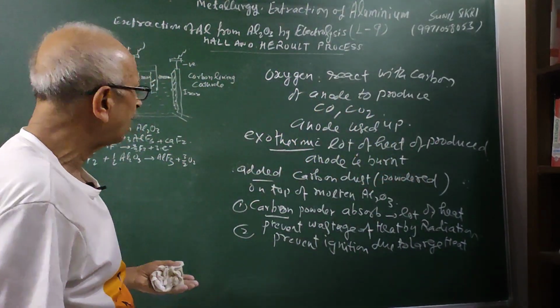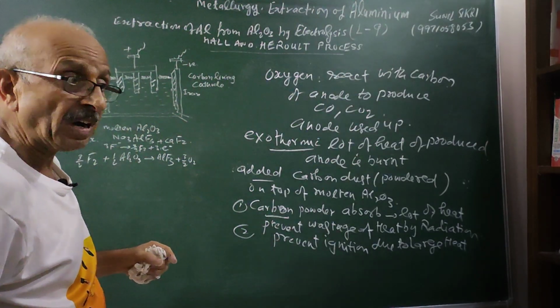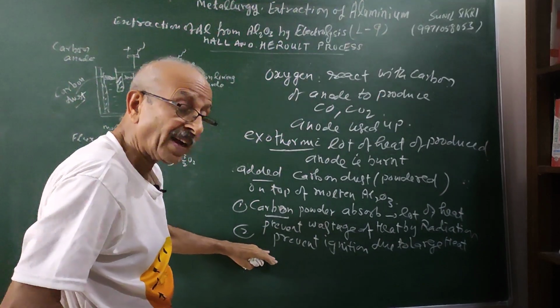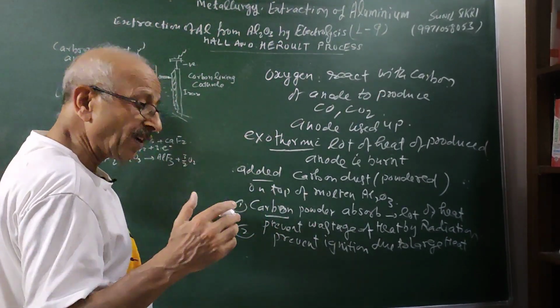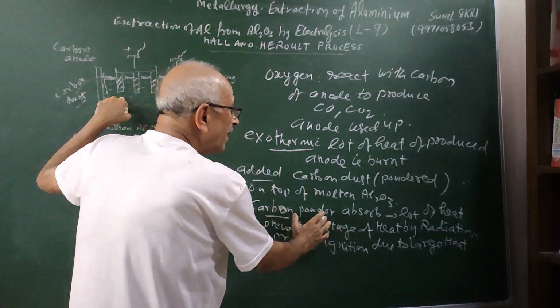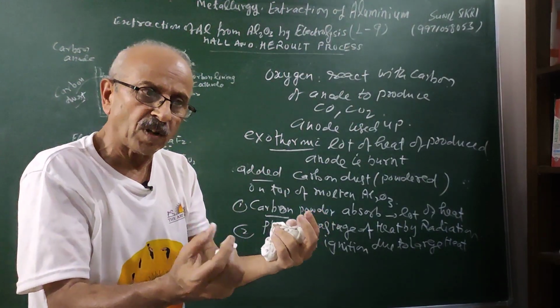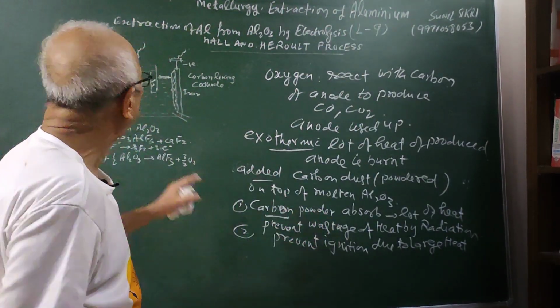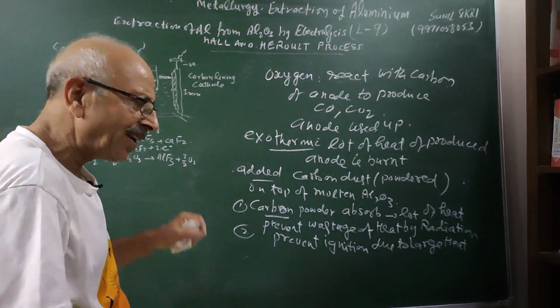The reaction is highly exothermic, so it can burn all the carbon electrodes. Therefore, so that the oxidation of the anode electrodes becomes slow, this carbon powder is added on the top. So it traps most of the heat inside it, and slowly you will see the anode start burning and get used up.